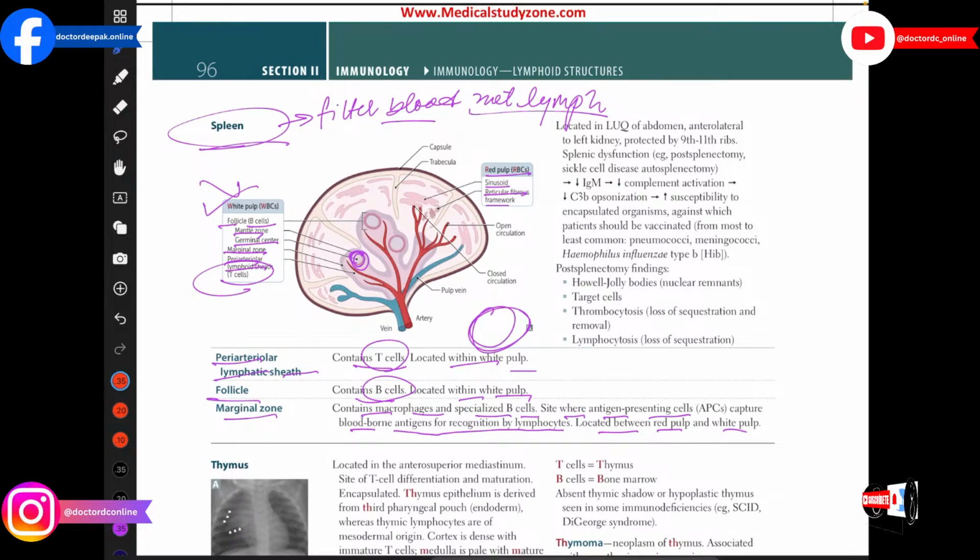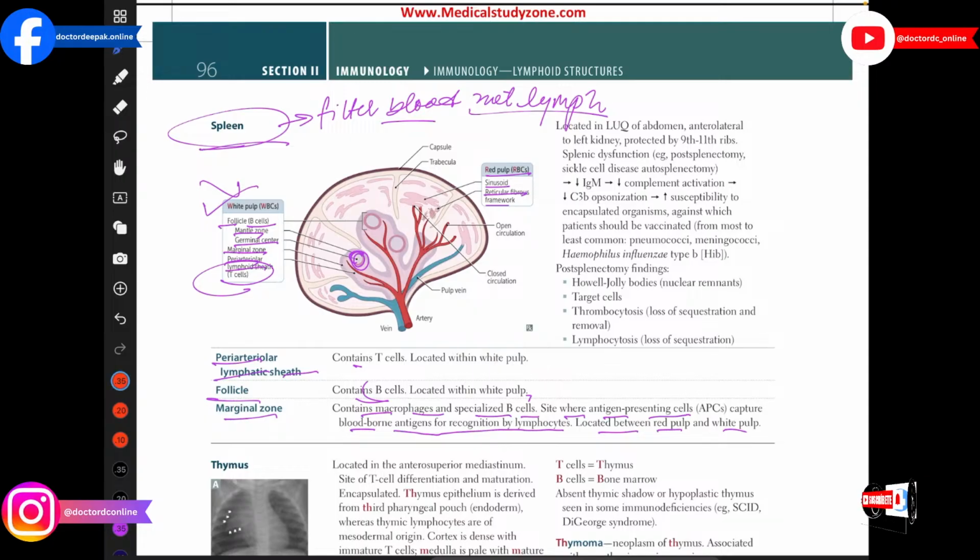When an antigen is attached, for example IgG, the IgG will activate the complement system, and C3b will be attached to the microorganism and attract the macrophage. The macrophage will come and engulf the microorganism. Okay, this is the process.